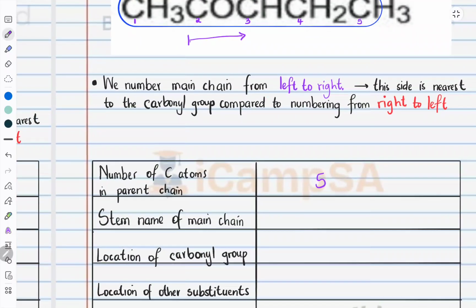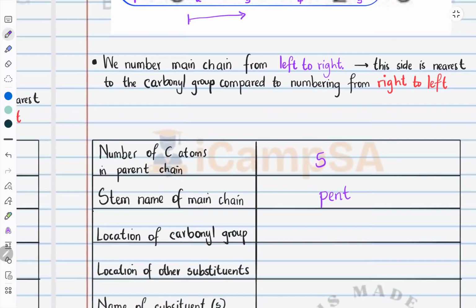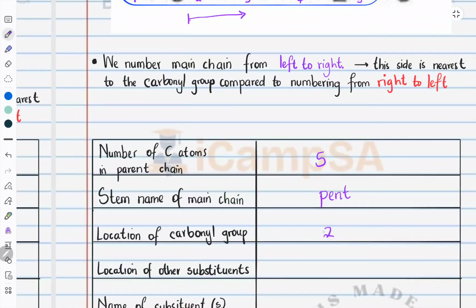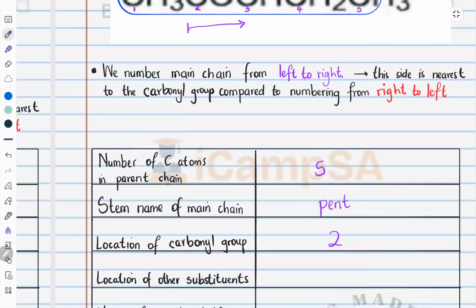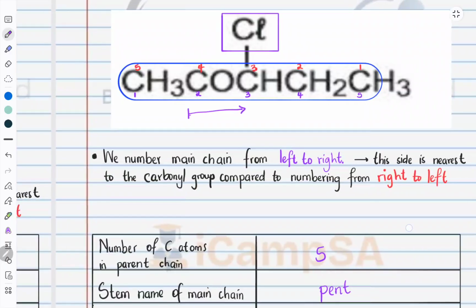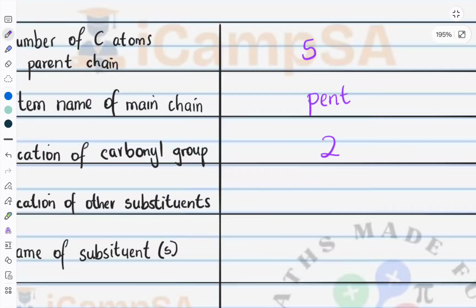The stem name, as a result of having 5 carbon atoms, will have to be pent, right? And then the location of the carbonyl group, it's on carbon atom number 2 when we number from left to right, of course. And now the location of other substituents: we saw a chlorine atom there on carbon atom number 3, so we can say that's chlorine.